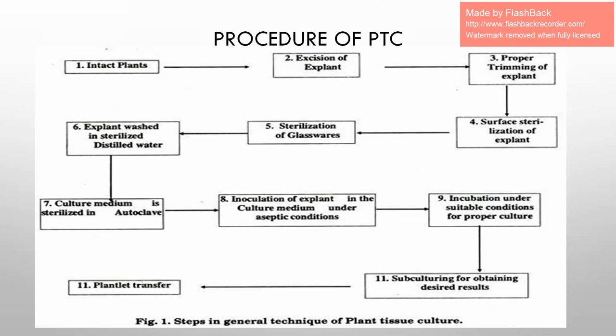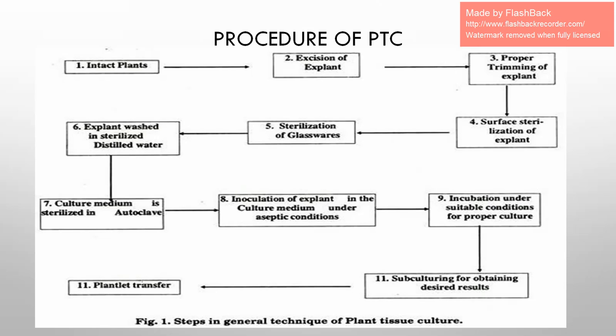So first we should choose the healthy mother plant, and then take excision of that explant, and after that the proper trimming of the explant should be done, and after that surface sterilization is the most important technique.